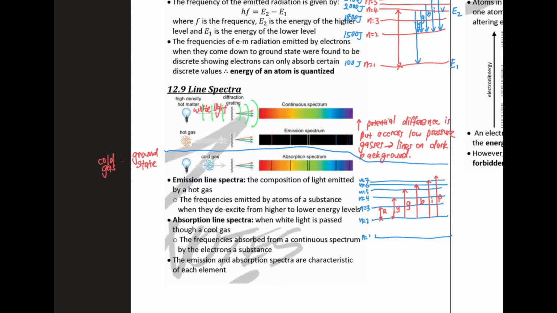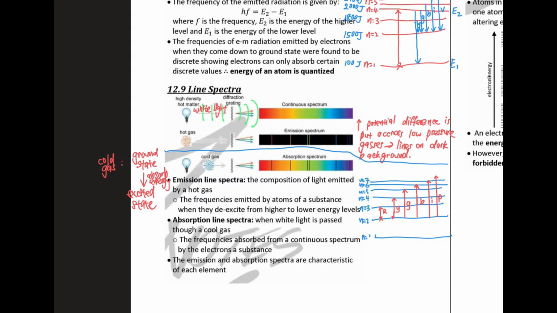Cold gas is in ground state, and then they are going to excited state. So to go to excited state, they have to go up, so they have to absorb energy. The source of energy is from the white color light.